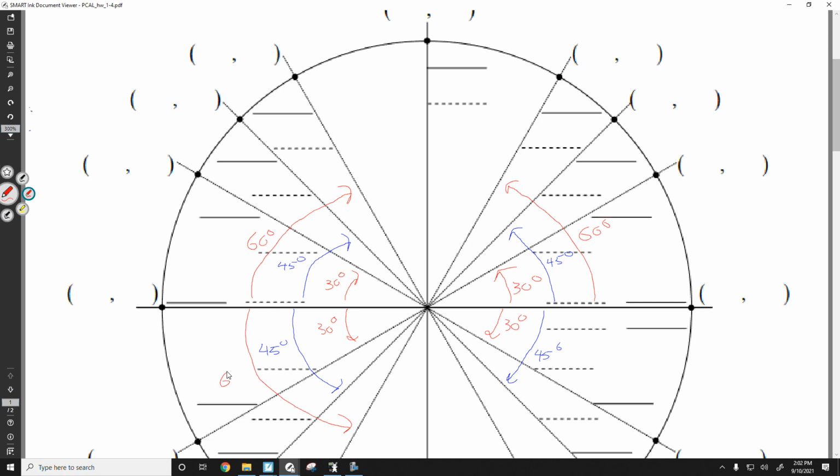Notice, it's all in reference to the x-axis. I'm not talking about angle measurements with the y-axis. Why do I talk about that?